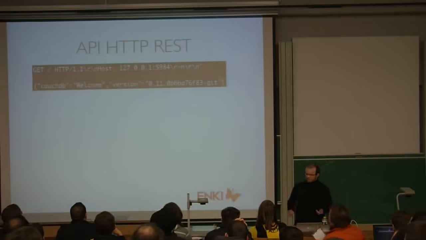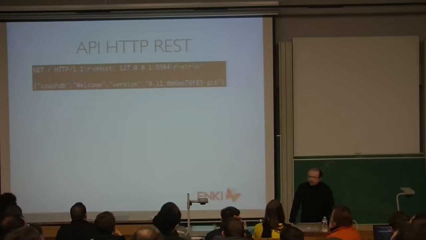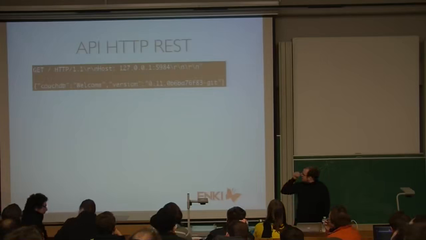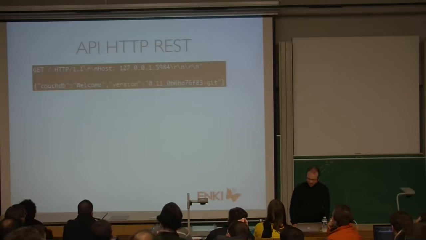The only way to know if it's working is to go with your browser or curl. You get to the URL of your server, and it's a welcome with its version number. So it's web.